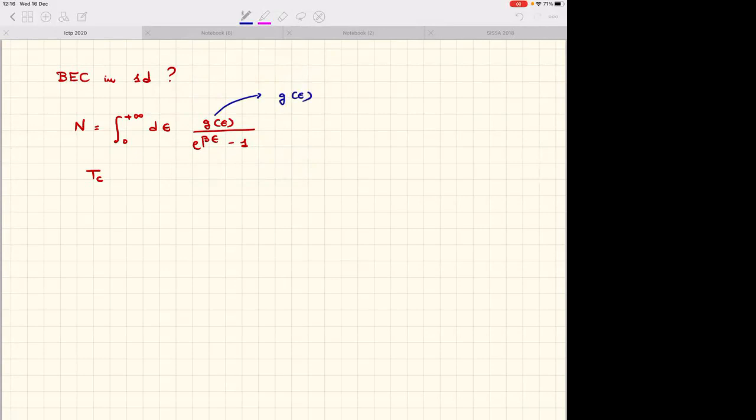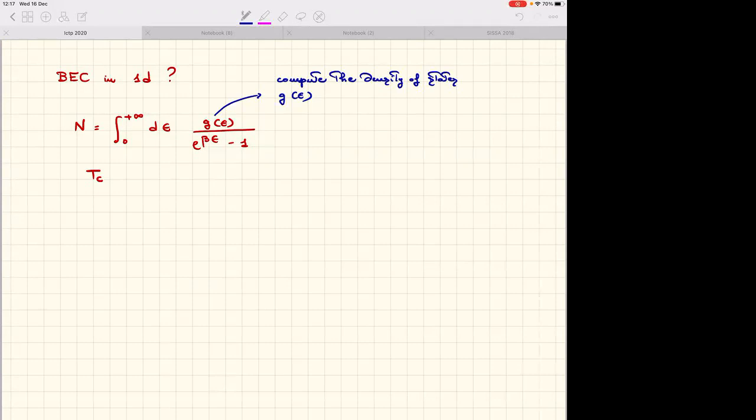So in other words, in order to answer the question, is there or isn't there Bose-Einstein condensation in 1 dimension, what you should do is compute the density of states, g of epsilon, and then insert it in here and see whether what you get is convergent or not.